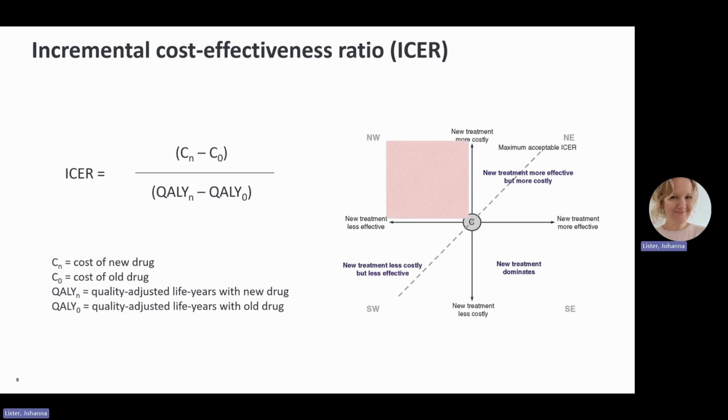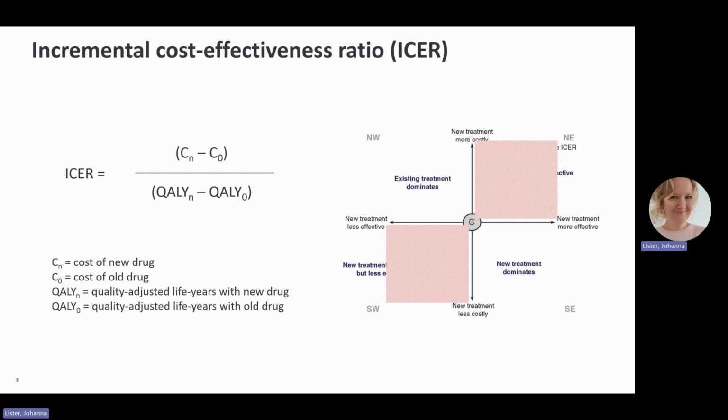Similarly, it is easy to decide whether to fund treatments in the northwest quadrant. In this case, the new treatment is more costly and less effective, so we won't be funding that treatment. With the 2 remaining quadrants, a judgment about funding is more complex.